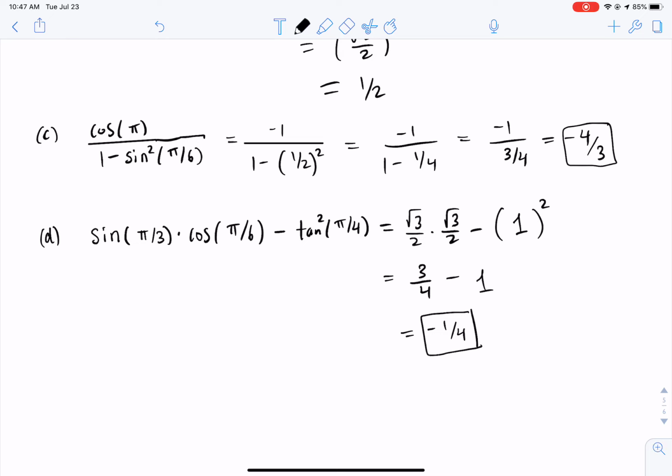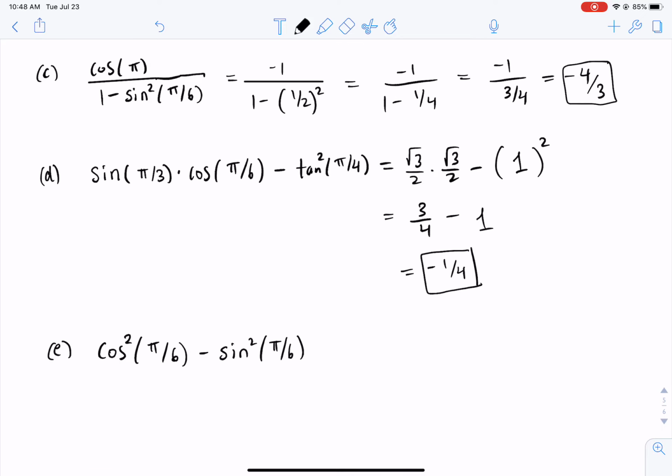Here's one more. What is cosine squared of pi over 6 minus sine squared of pi over 6? For this one, I'm going to write an identity later on that you might encounter. Let's see.